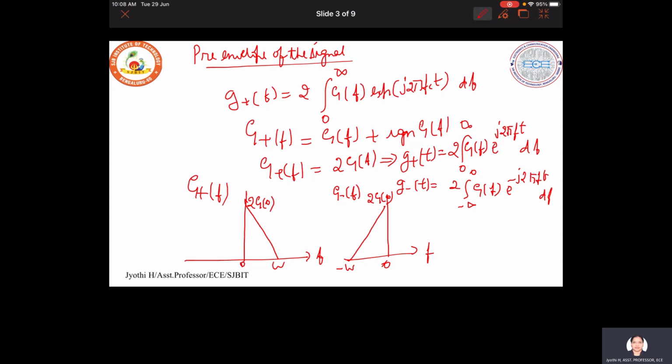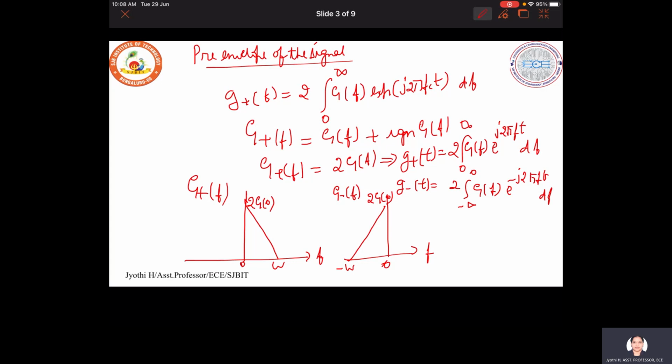So this is about extracting the pre-envelope: first we have the low pass signal G of f, we apply the Hilbert transform, and later convert that into the pre-envelope of the signal. So we extract both the positive frequency component as well as the negative frequency component.